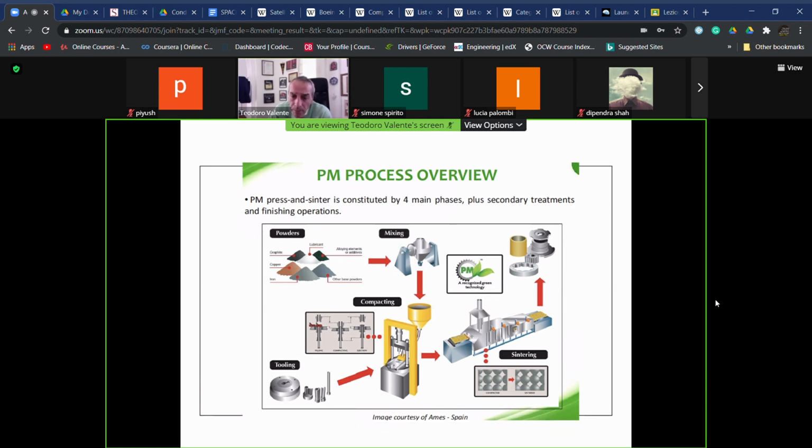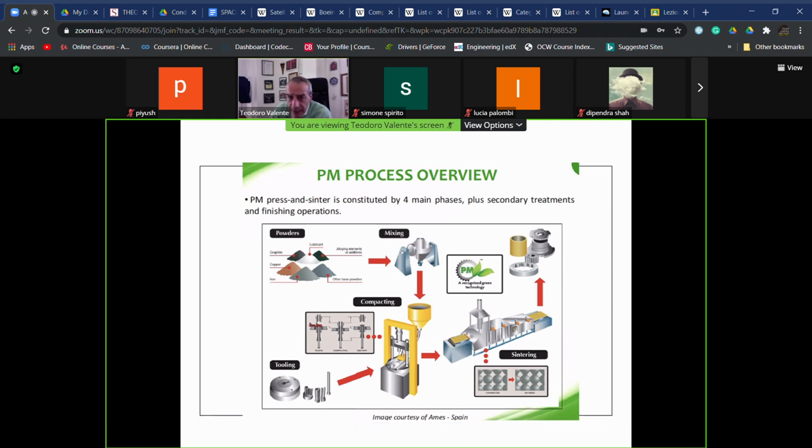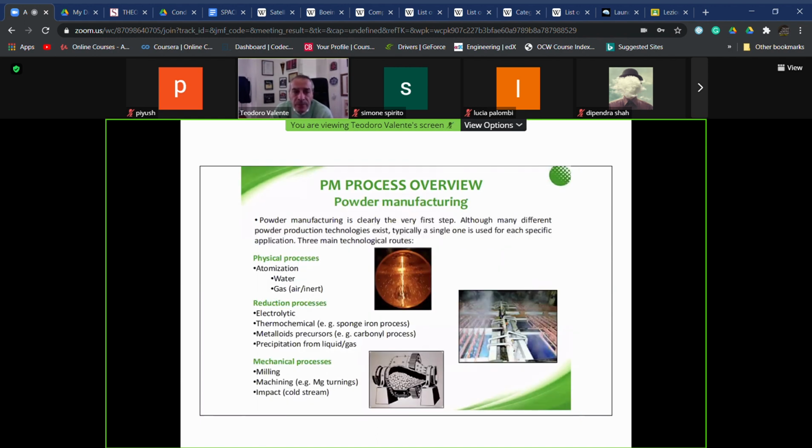I mean, the compaction and then the sintering phase give rise, at the final part, the final phase of this process, to the final component that we want to fabricate without, apart from polishing, any additional tooling phases to realize and to get the final shape and size. So this is, let me say, an overview of a powder metallurgy cycle, we could say in this way.